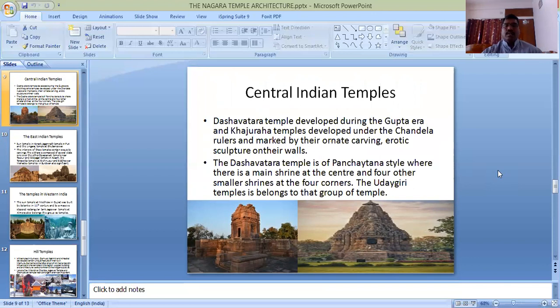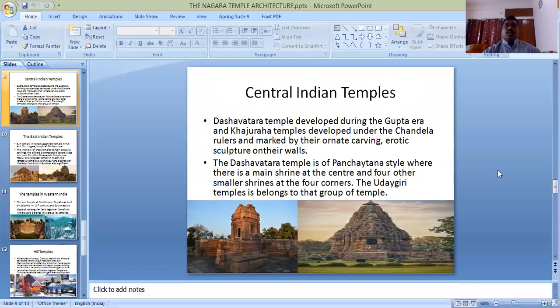The Dasavatara temple developed during the Gupta era, and the Khajuraho temples developed under the Chandela rulers and are marked by their ornate carving and erotic sculpture on their walls.